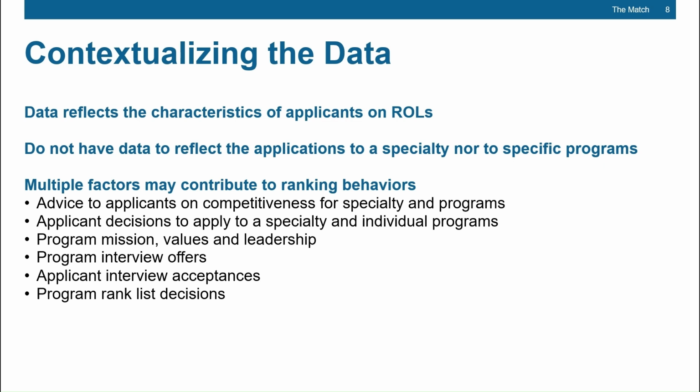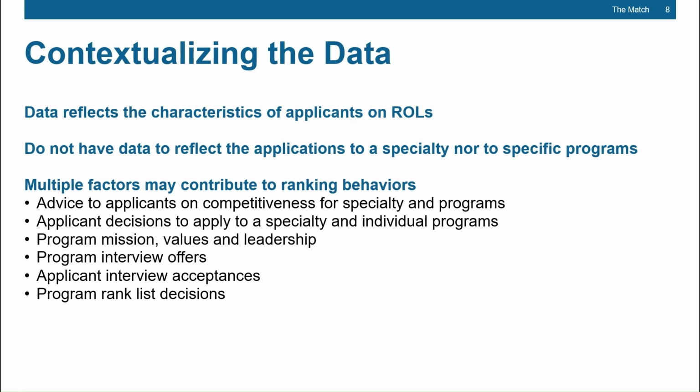This in turn shapes the applicant pool from which programs can even select applicants for interviews. Applicants who accept and attend those interviews are considered for rank order lists. So the relationship between applicants' behaviors and programs' ranking behaviors are intertwined.